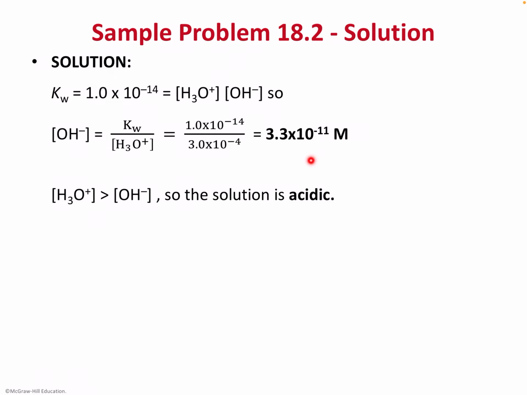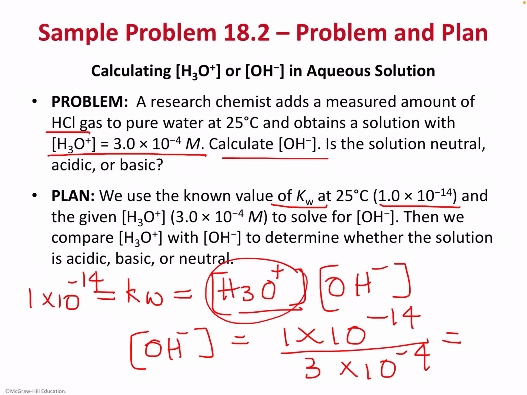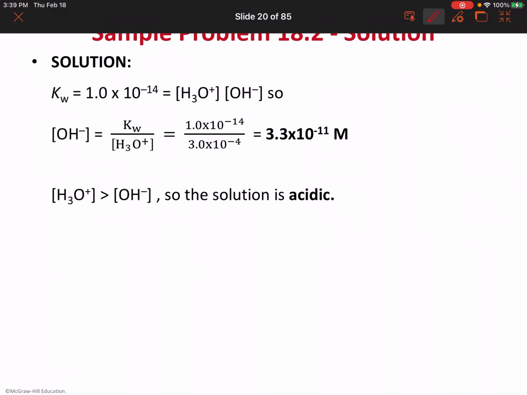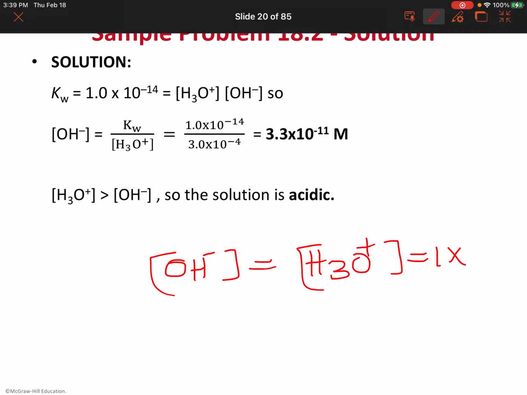Now we want to find out whether the solution is acidic, neutral or basic. Okay, how do you find out that? In a neutral solution, hydronium ion concentration and hydroxide ion concentration are going to be 1 x 10^-7. In a neutral solution, hydroxide concentration is the same as hydronium ion concentration, which is 1 x 10^-7.